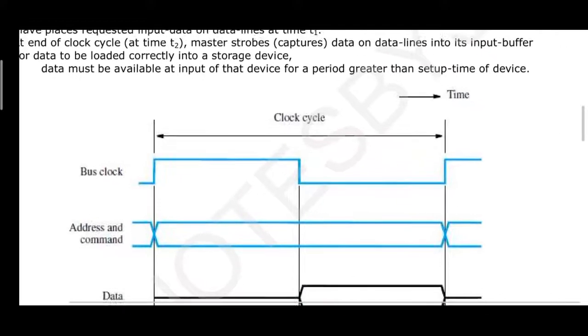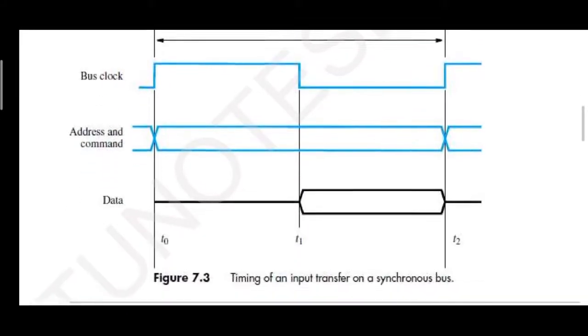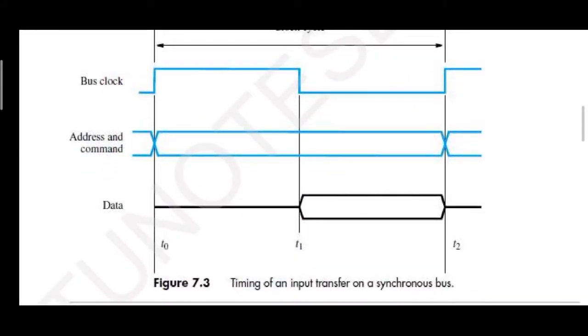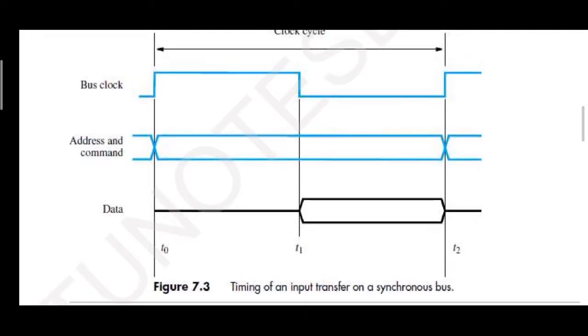As you can see in the diagram of an input transfer on a synchronous bus, the timing is divided. You can see the clock, one complete cycle with a positive half and a negative half. Starting point is t0, the midpoint of the cycle is t1, and the end is t2.